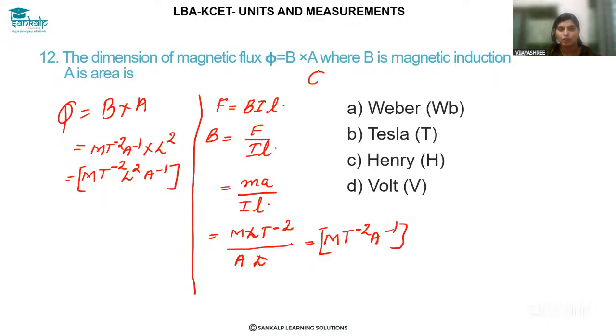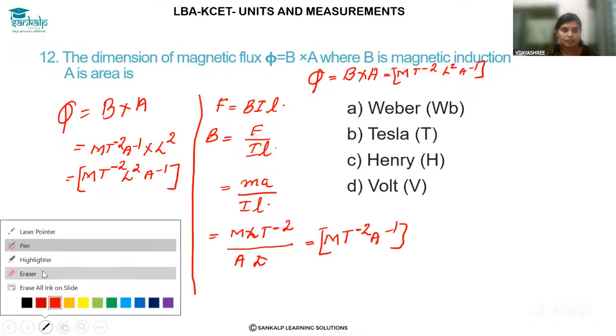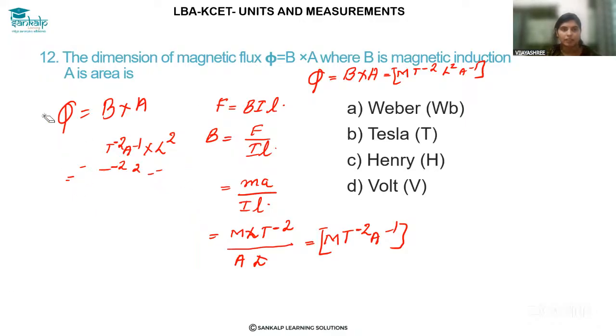So here I will write the dimensional formula of magnetic phi, which is equal to M T raised to -2 L raised to 2 A raised to -1. So I am going to erase the remaining things. So Weber.